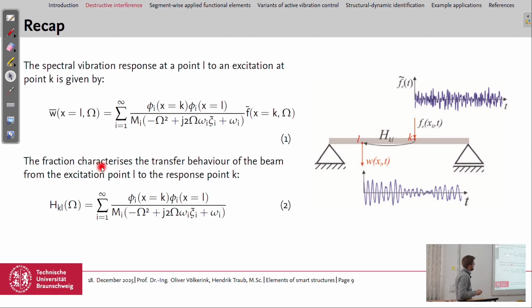And the sum of fractions here we called transfer function or transfer behavior of the beam, so transfer between point K and L. If we excite this structure here with the external excitation broadband spectrum again, then we can use this fraction H_KL to calculate how the structure behaves at point L, how the vibration is there.